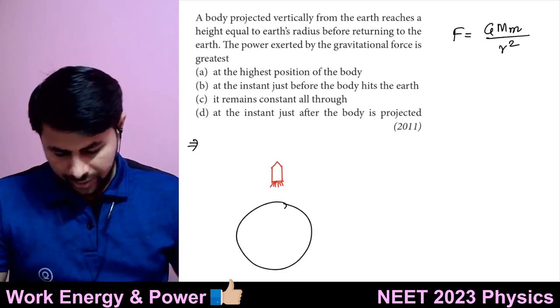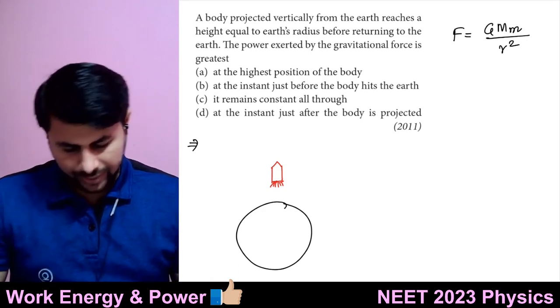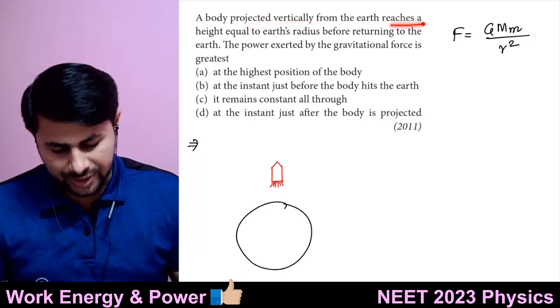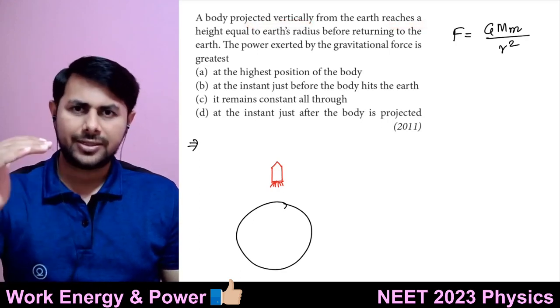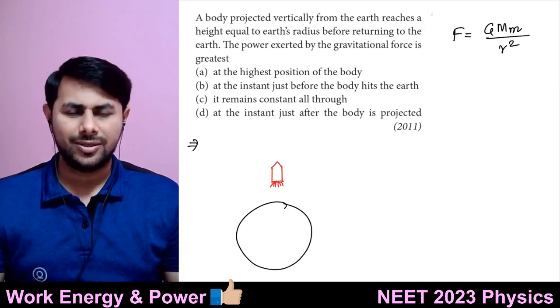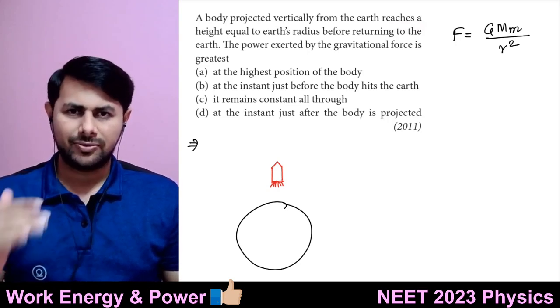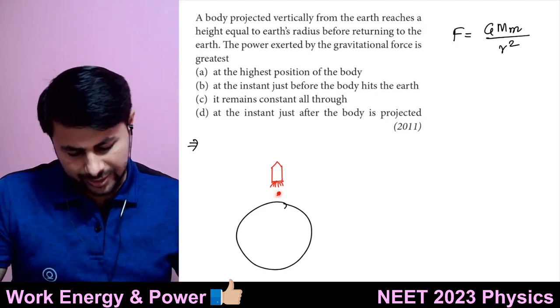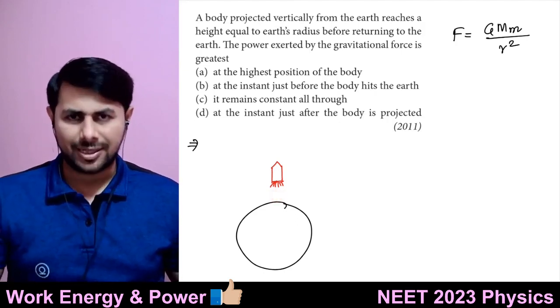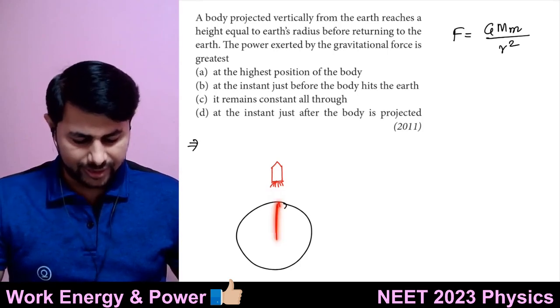One more thing. It is projected vertically upwards and it reaches some height. When it reaches that height, its velocity will become 0. So its velocity is maximum when it is at the Earth's surface, and force is also maximum when it is at the Earth's surface.